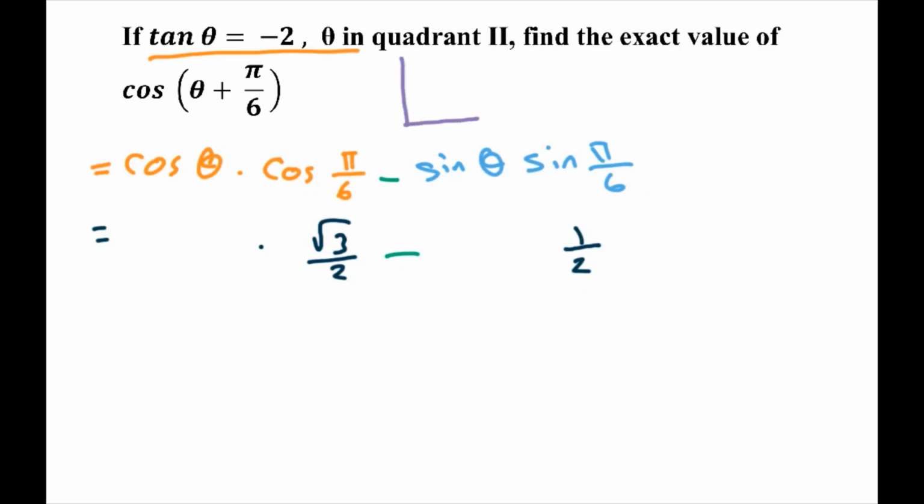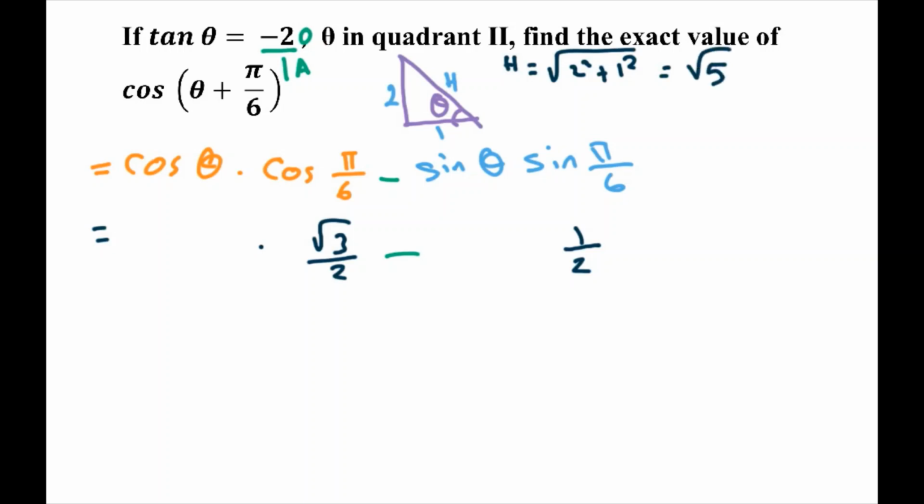If I have a triangle, this is theta, the tangent is negative 2 over 1. This is opposite and this is adjacent. So if the opposite is negative 2, we ignore the sign, right? 2. Adjacent is 1. So I need the hypotenuse. The hypotenuse will be equal to the square root of opposite squared plus adjacent squared, which is equal to square root of 5.